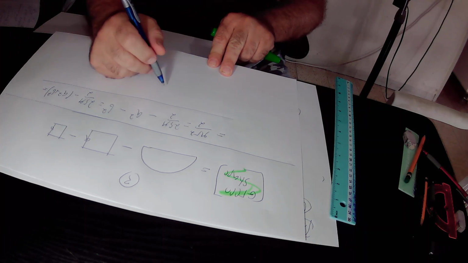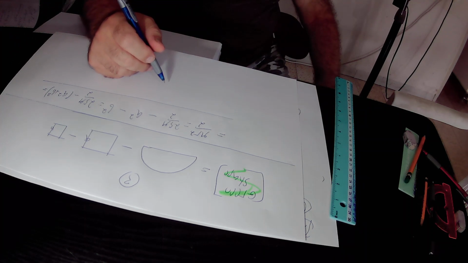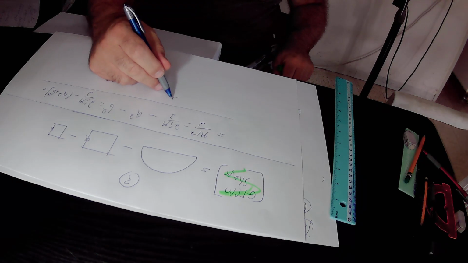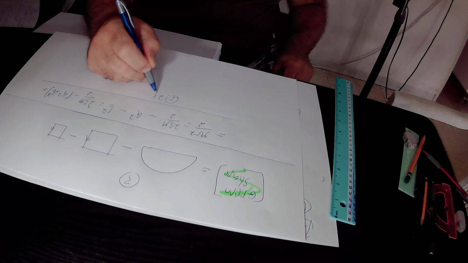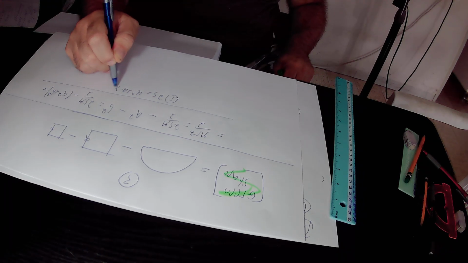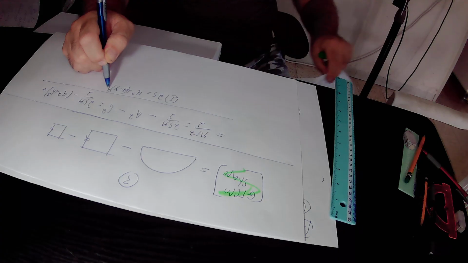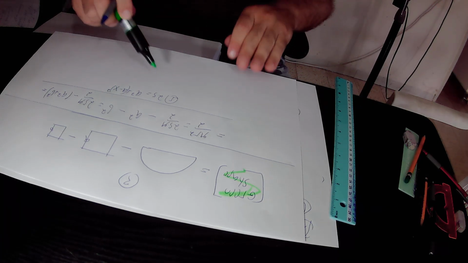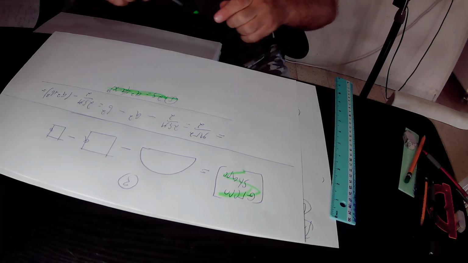According to equation 1, we found out that 25 equals a square plus a minus x square.